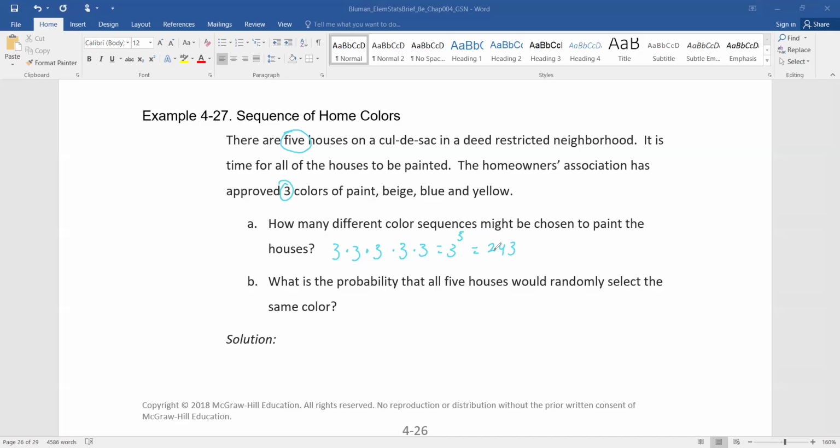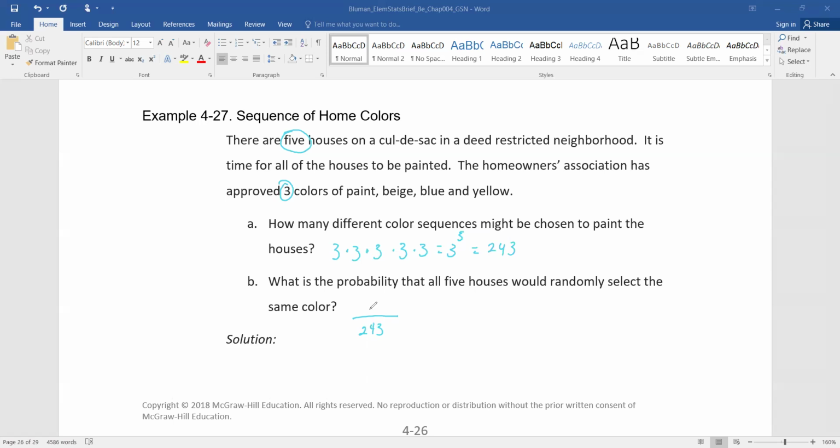Part B then says, what is the probability that all five houses would randomly select the same color? All right, so now that I know there's 243 options, they can either all select beige, so that's one. They can all select blue, that's another. And they can all select yellow, that's another.